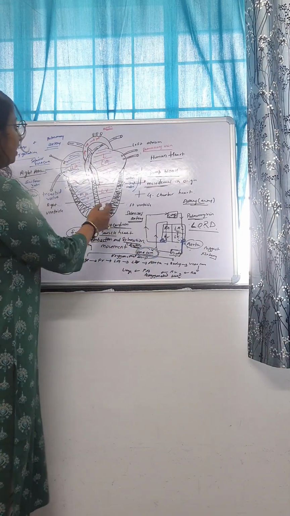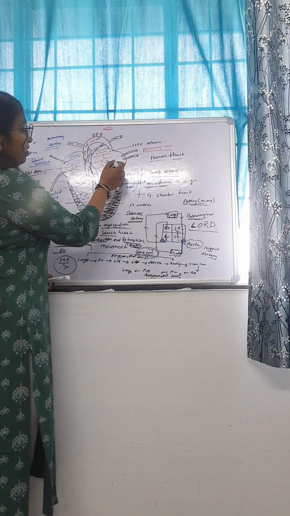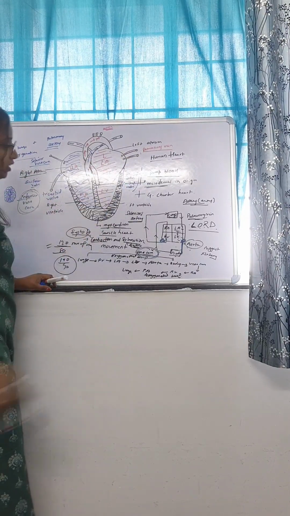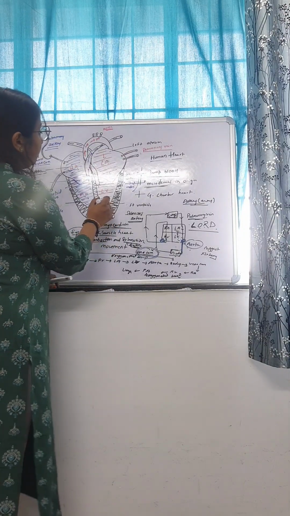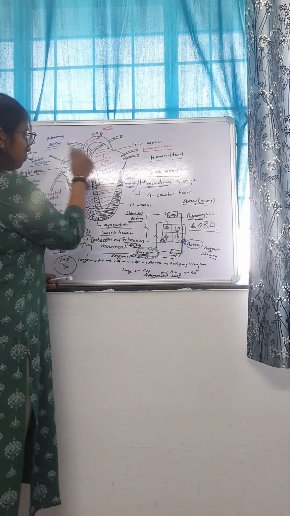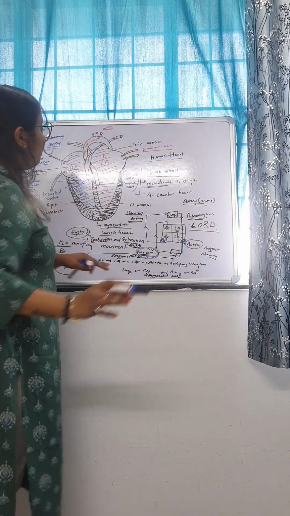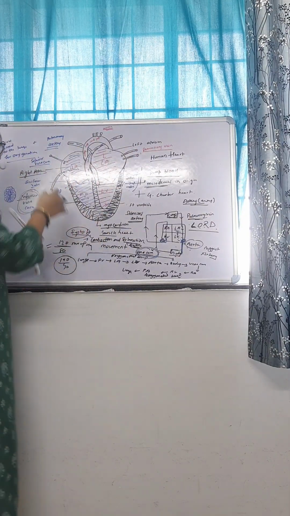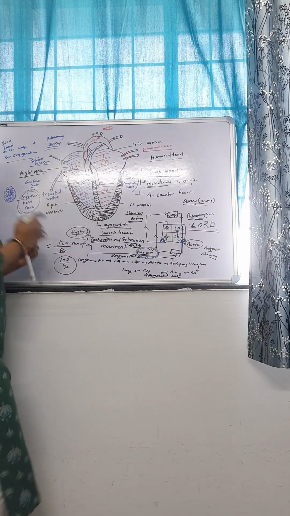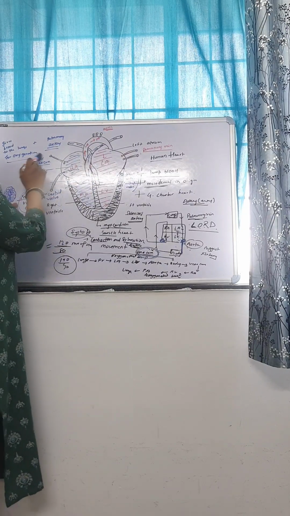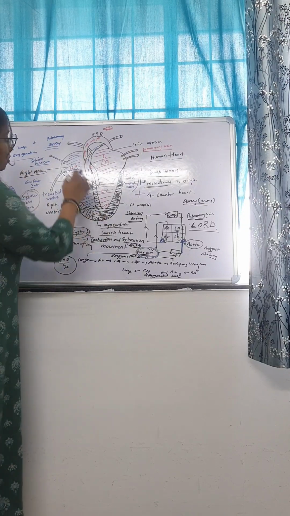Again, here you can see the left atrium. The left pulmonary veins bring blood to the left atrium, which gives the blood to the left ventricle, which gives blood to the aorta. The aorta gives blood to the body. From the body, the deoxygenated blood from the lower side and the upper side, from the lower side inferior vena cava and from the upper side superior vena cava, goes into the right atrium.